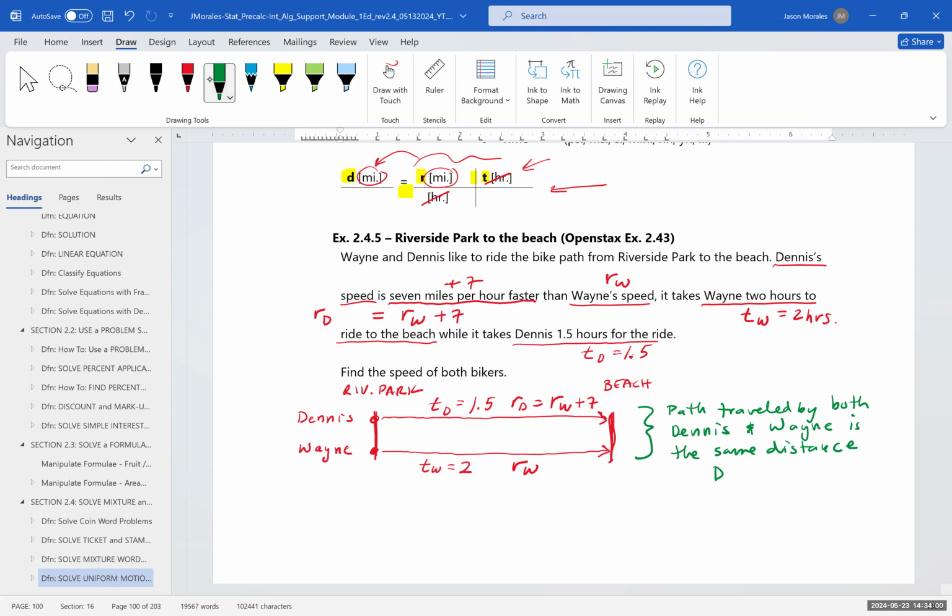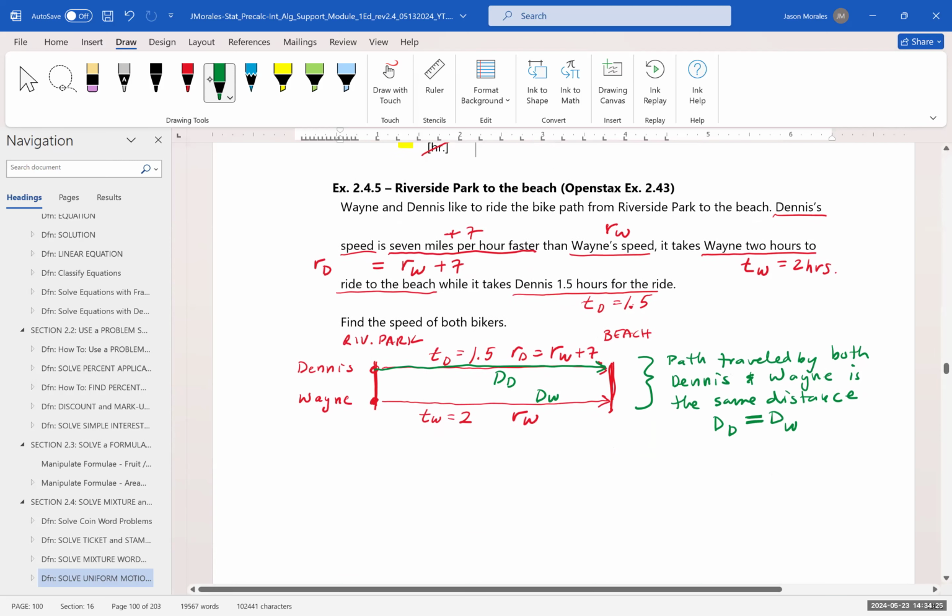So the distance that Dennis travels is the same distance that Wayne travels, right? They're both traveling from Riverside Park to the beach. So we've got Dennis's distance and we've got Wayne's distance, and those two distances are the same. So that key observation is something that we're going to be using shortly.